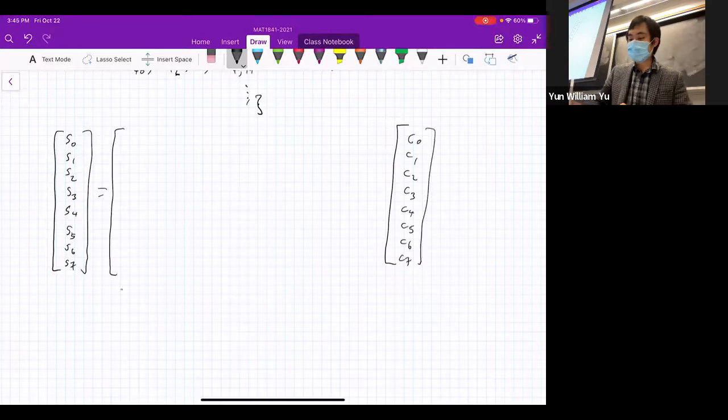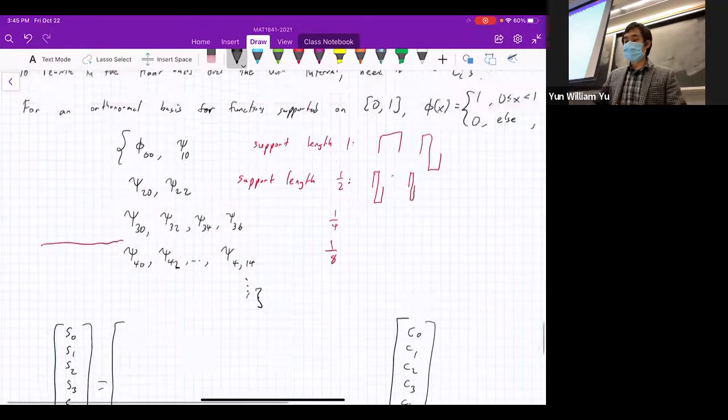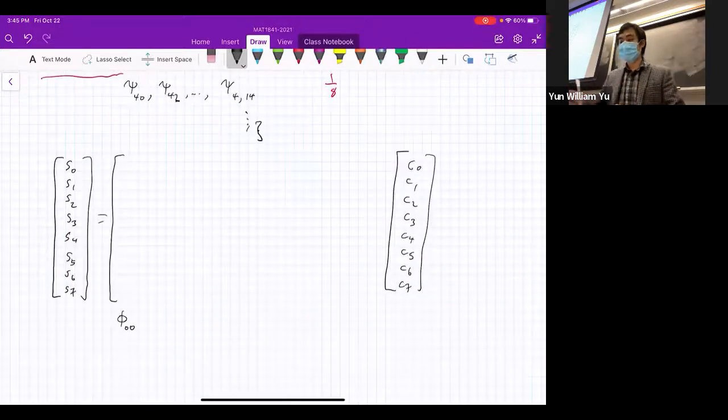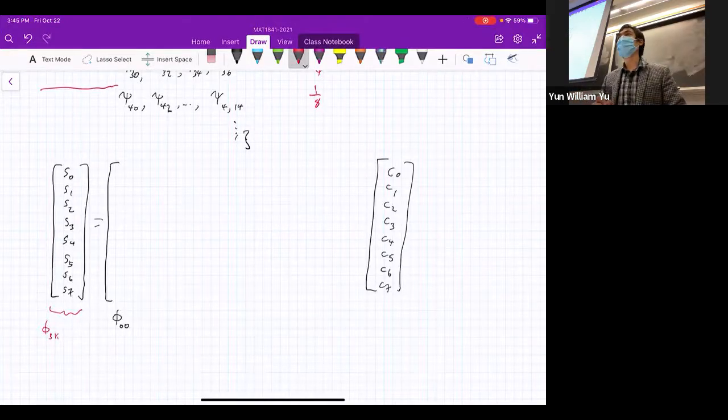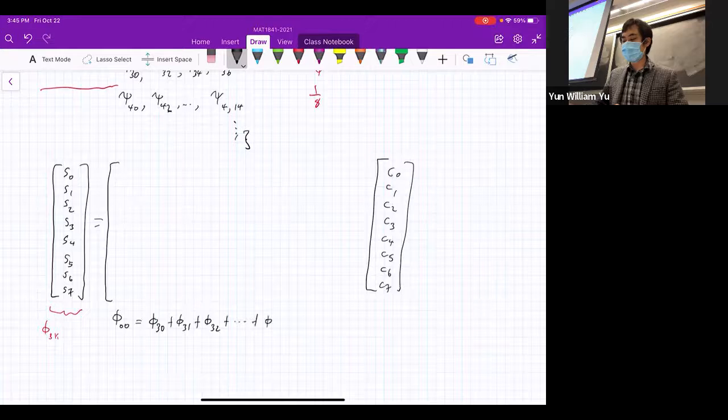And what we want to do is ask, what is phi 0,0 equal to as a linear combination of all the phi sub 3,k's? So notice that phi sub 0,0 is equal to phi sub 3,0 plus phi sub 3,1 plus phi sub 3,2, and so on up to phi sub 3,7.